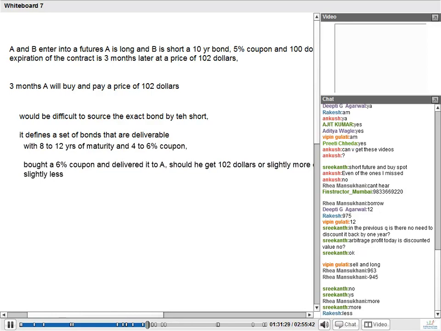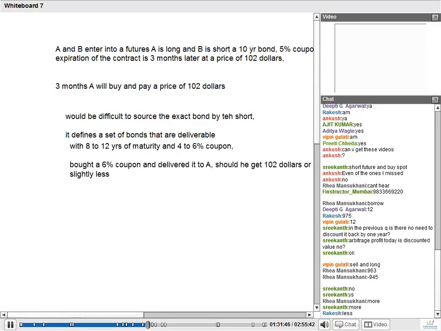A and B agreed that the price of a 10-year 5% bond should be 102. Now I actually delivered him something that is giving him 6% coupon. So A also realizes that he is getting more coupon, so A will be willing to pay a slightly higher price.